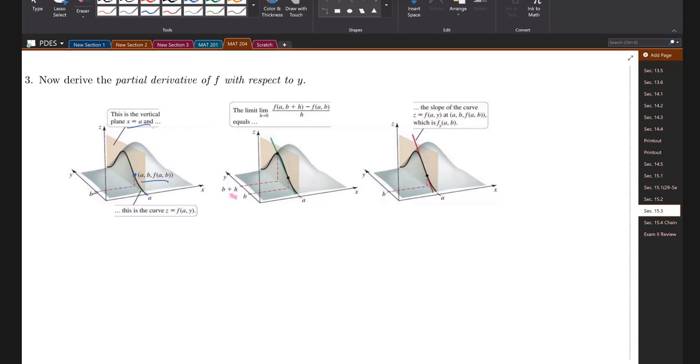Put another way, x doesn't really factor into this. Think of it as holding the x values constant. So even though x and y are both independent variables, let's hold one of them constant and look at how the other one changes, and how changes in that other variable, the non-fixed one, affect the outputs of the function.